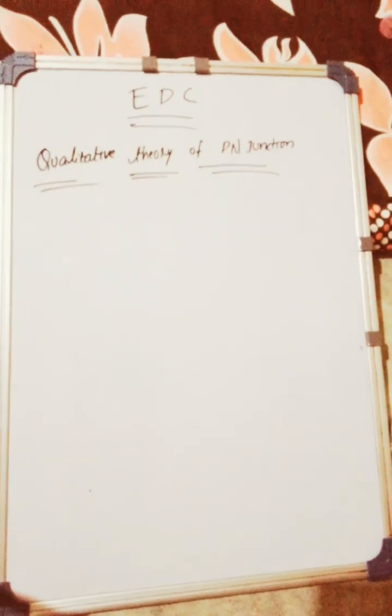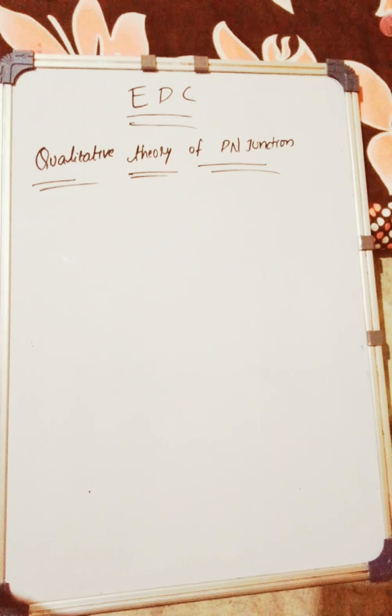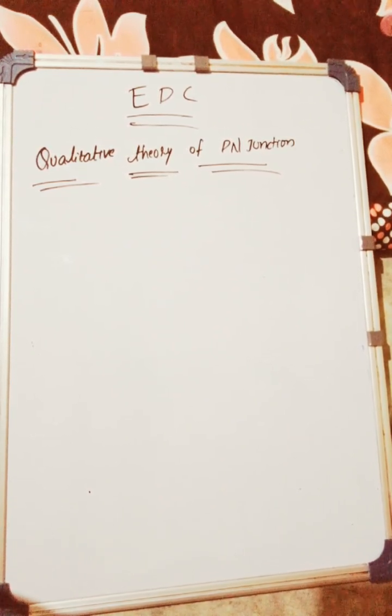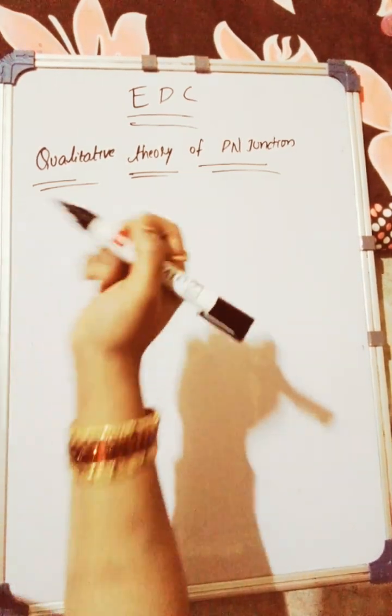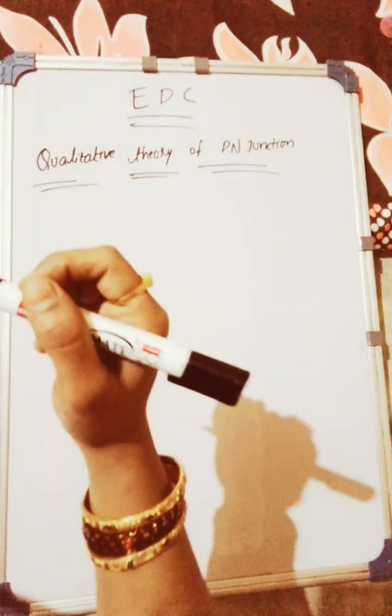Today I am going to discuss a topic that is the qualitative theory of a PN junction diode in electronic devices and circuits. Now, let us discuss how the PN junction diode is formed.